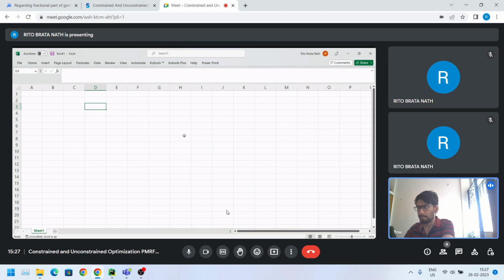So let me write down the primal form first. This is your primal problem. Max of 3x1 plus 4x2, subject to the constraints: x1 plus x2 less than or equal to 12.